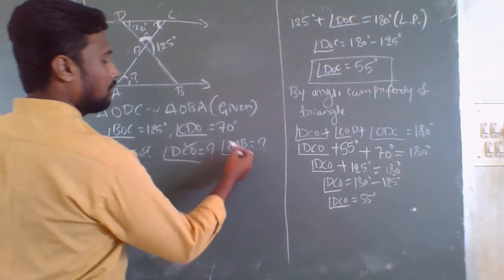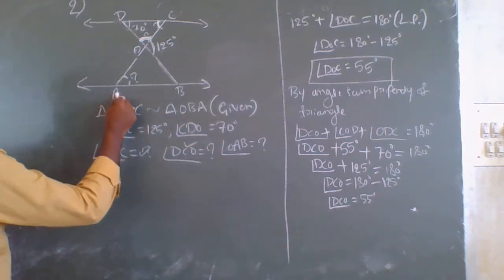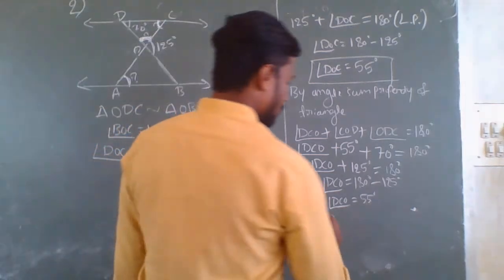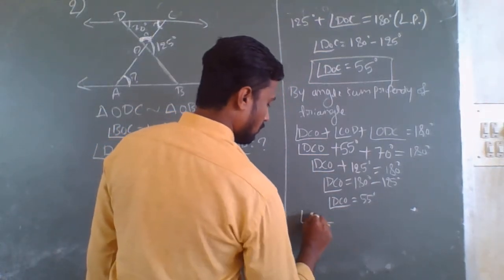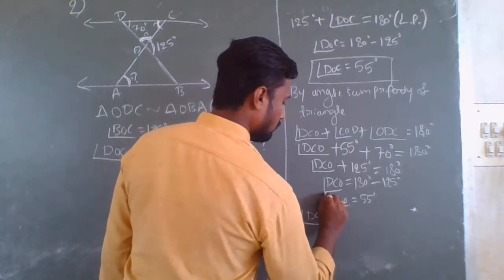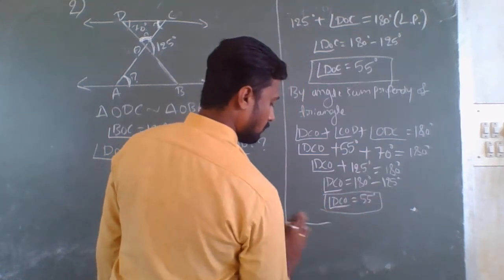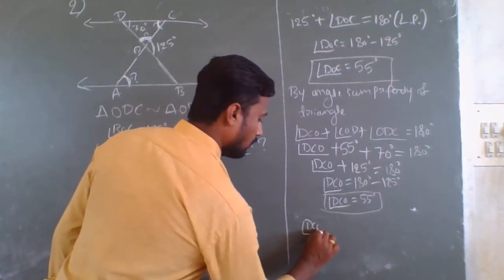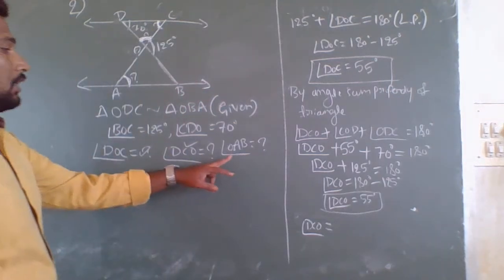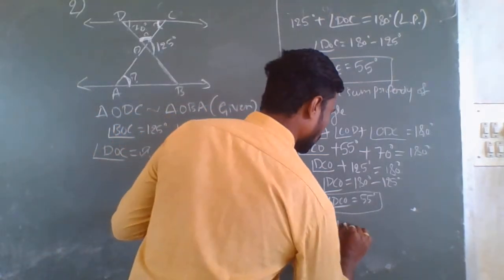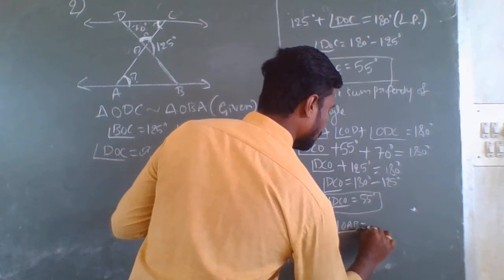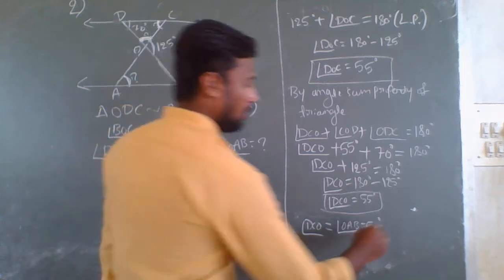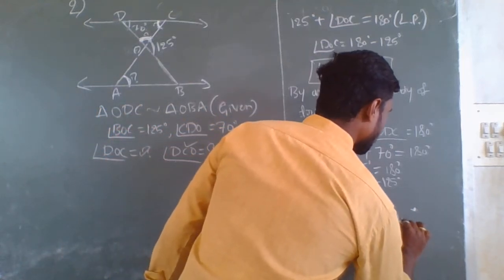Now we have to calculate the remaining angle OAB. This angle. So we can write that angle DCO is equal to angle OAB, which is 55 degree, because these two angles are alternate interior angles.